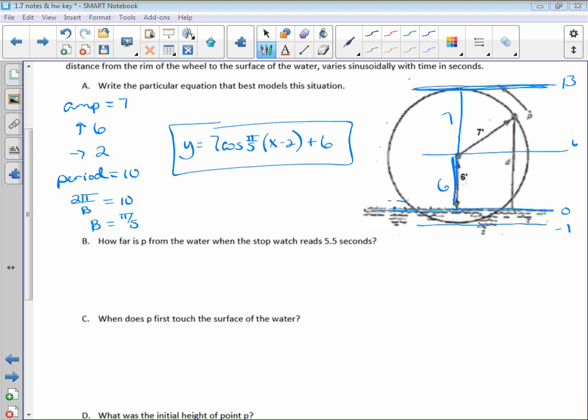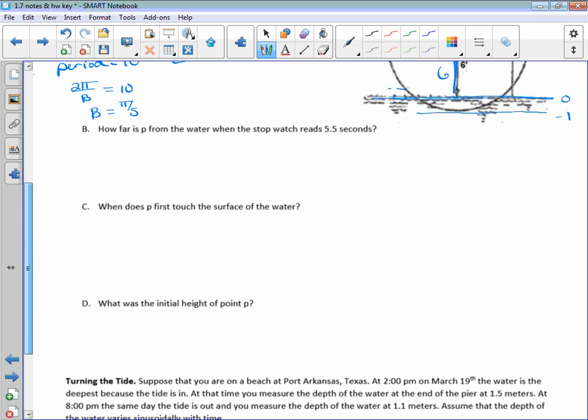You guys are struggling with your window at all? Let me know. For letter B, are you getting 1.886 feet?